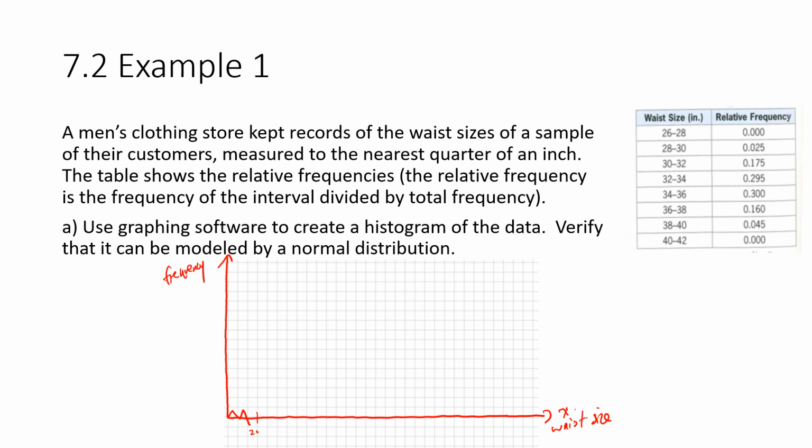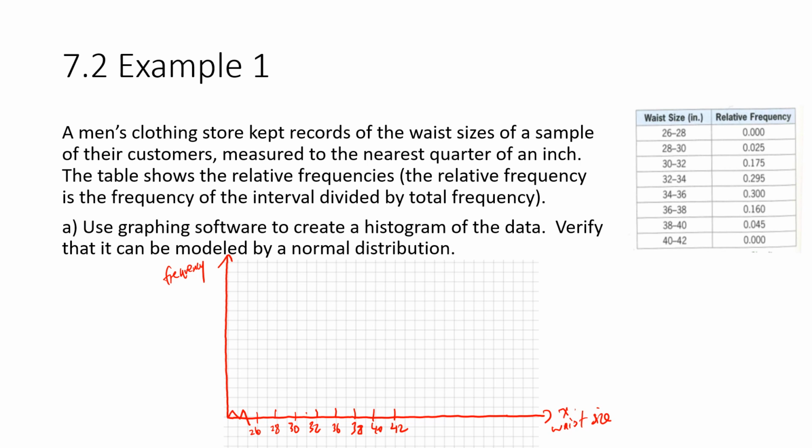Okay, so we can have a little break on the x-axis, and let's start with 26. Maybe every 2 squares can represent 1 if we have enough space, or maybe not. 28, 30, 32, 36, 38, 40, 42.